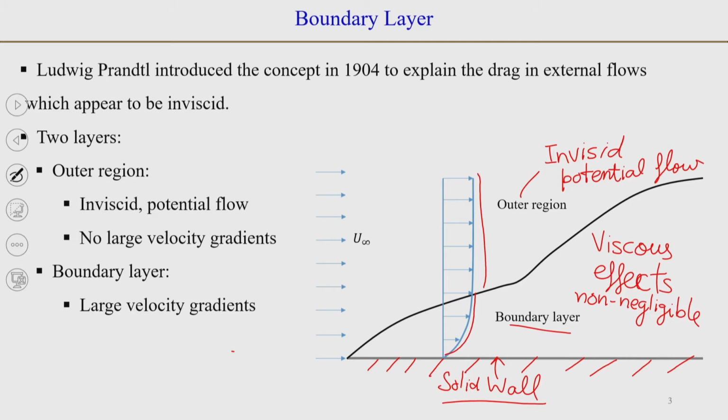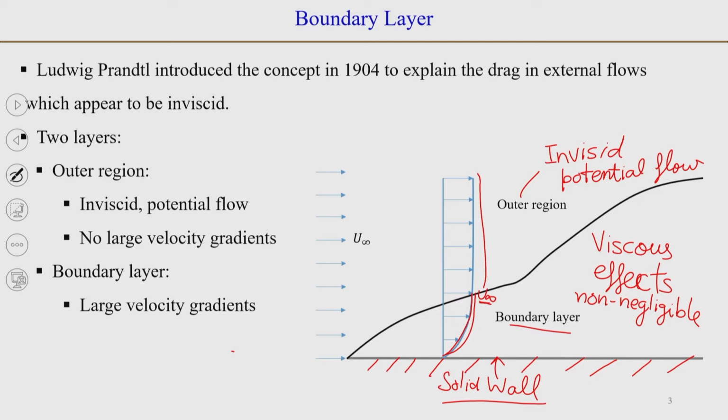In this thin layer over the wall, the gradients are large and the velocity goes from 0 to almost the free stream velocity. Though it may approach asymptotically, for all practical purposes you can assume that at a certain distance from the wall the velocity has reached the free stream velocity.